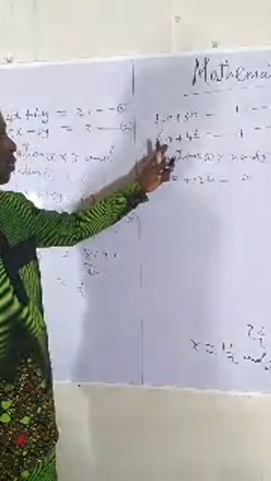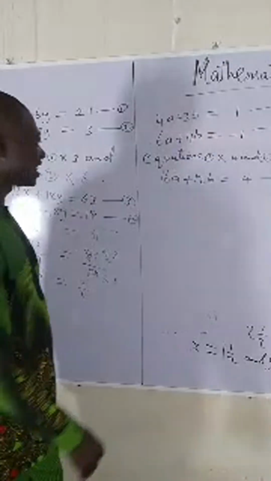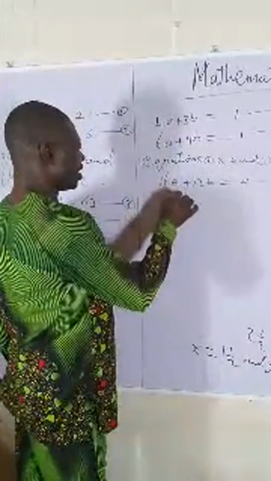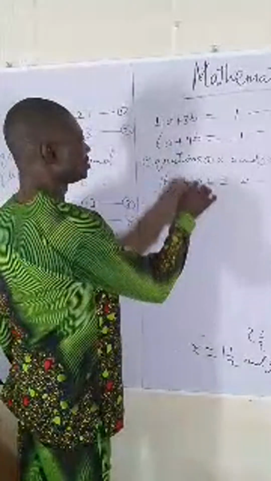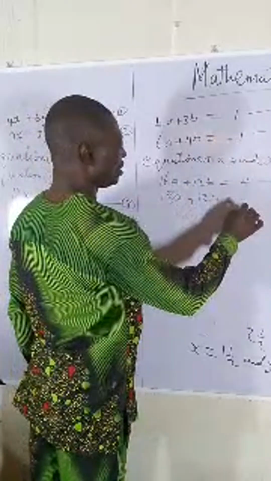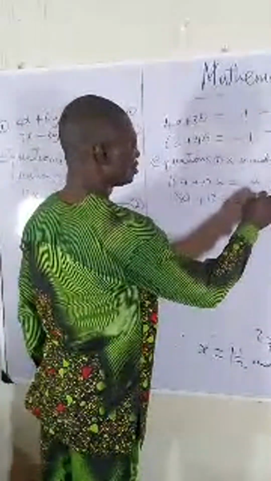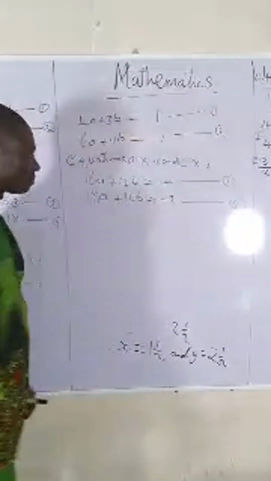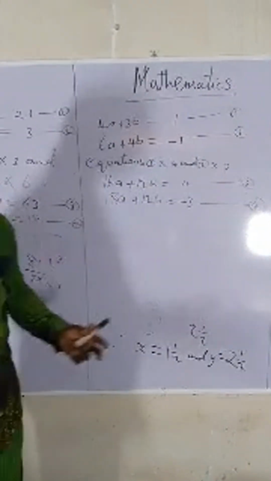You are in equation 2, and so 6A times 3 will give us 18a plus 4b times 3 will give us 12b, equal to minus 1 times 3 will give us minus 3. This one will become equation 4.